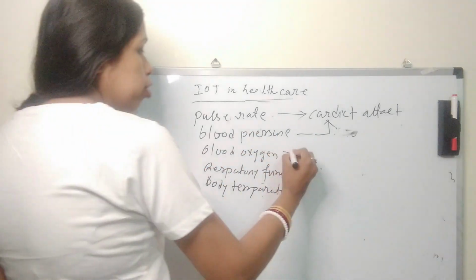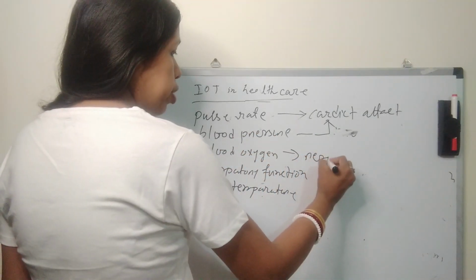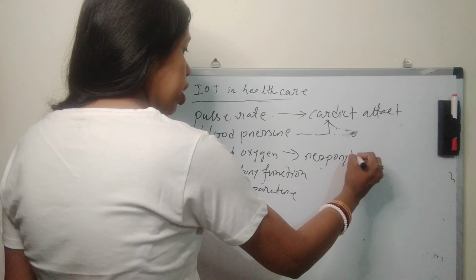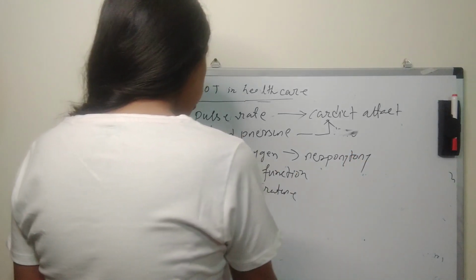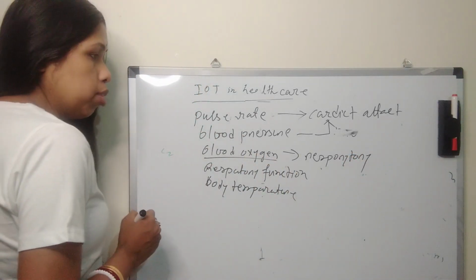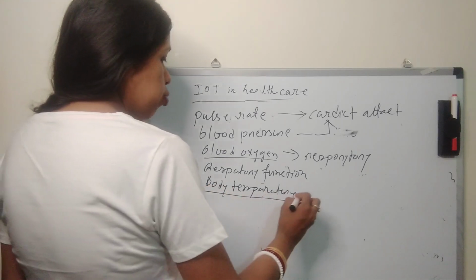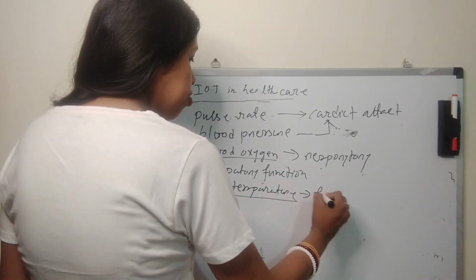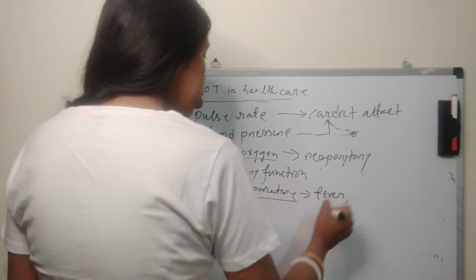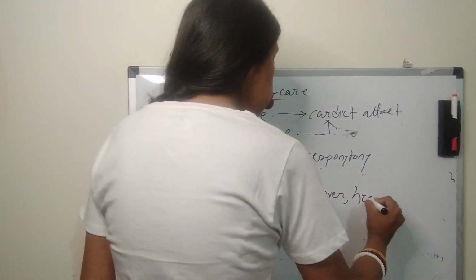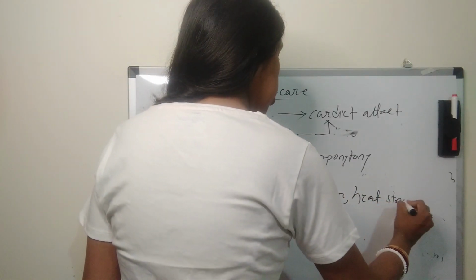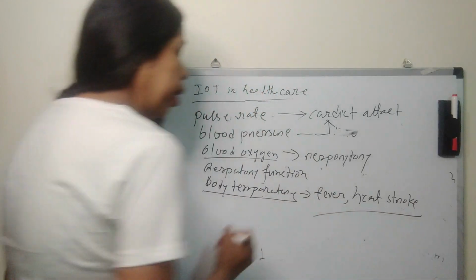And blood oxygen is related to respiratory function. If respiratory function is not working properly, we can calculate that from the oxygen level. And body temperature indicates fever, heat stroke; this can be a vital sign.